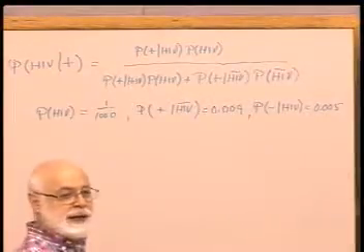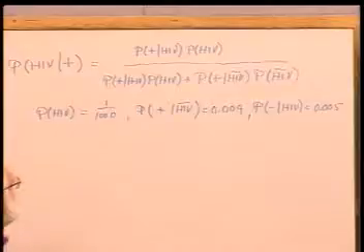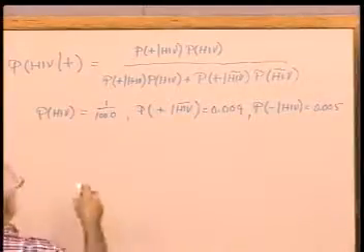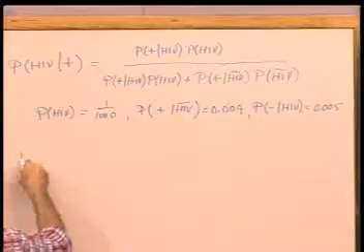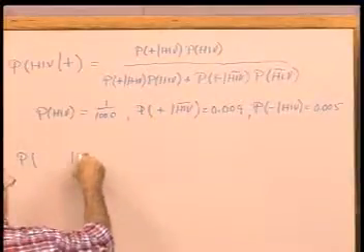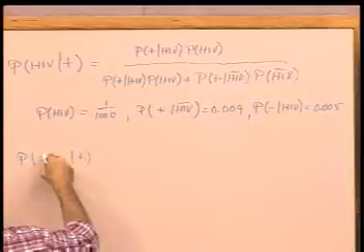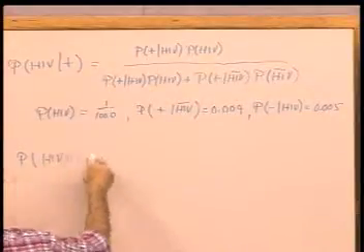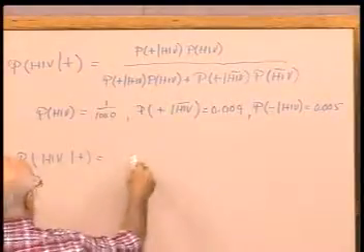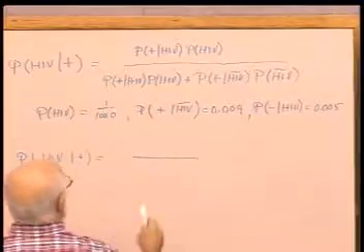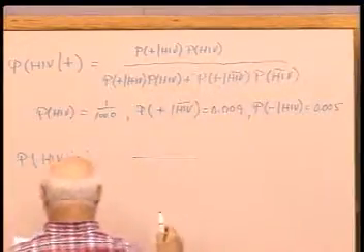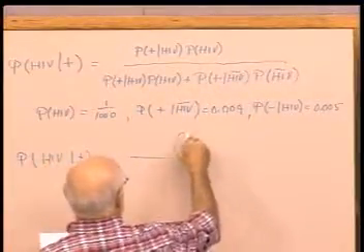Okay? And now all I got to do is put those numbers in here. So let's do that. Probability that, given I test positive, that in fact I am infected with HIV, plugging into the formula is, well, let's see, the probability of HIV is 1 over 1,000.